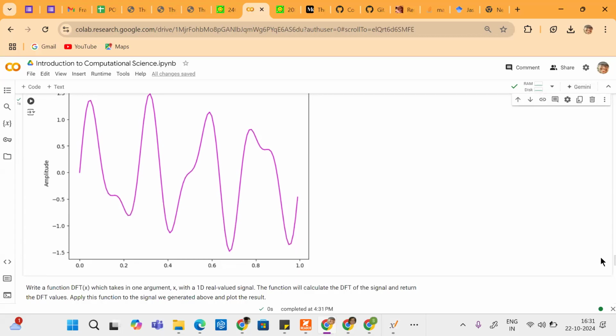But if you don't want that high amplitude signal in your plot, it is removed. What was the amplitude? 3. In this signal plotted here, the amplitude is going to 3. The final amplitude is not going to 3.